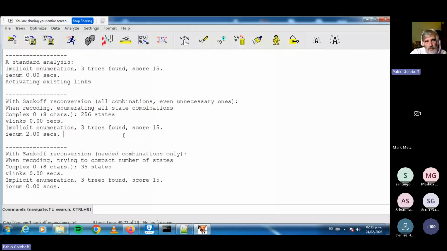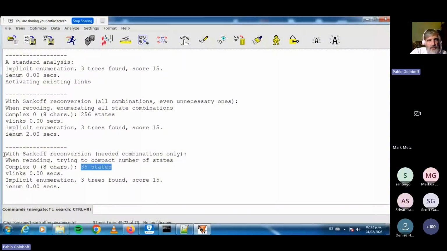TNT has the possibility, I skipped that part of the presentation, it's in the papers, of trying to get rid of those states in those combinations of states that you know will never occur in any optimal reconstruction. So you can get rid of some states, you only keep the ones you are sure you need, and therefore the analysis proceeds much faster and uses less memory.